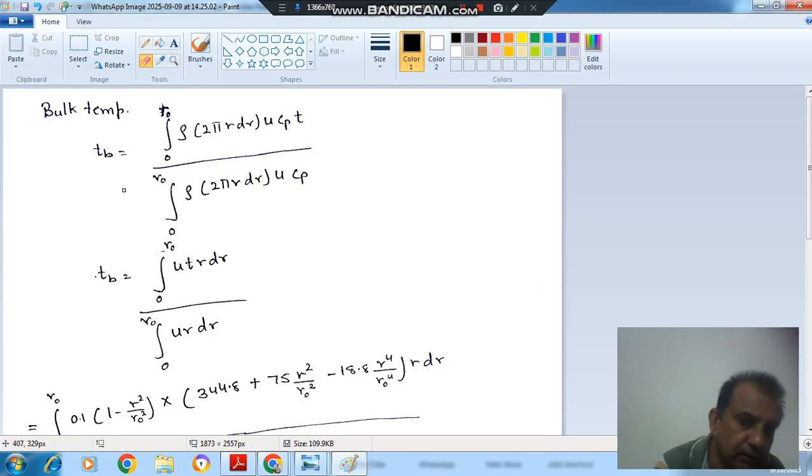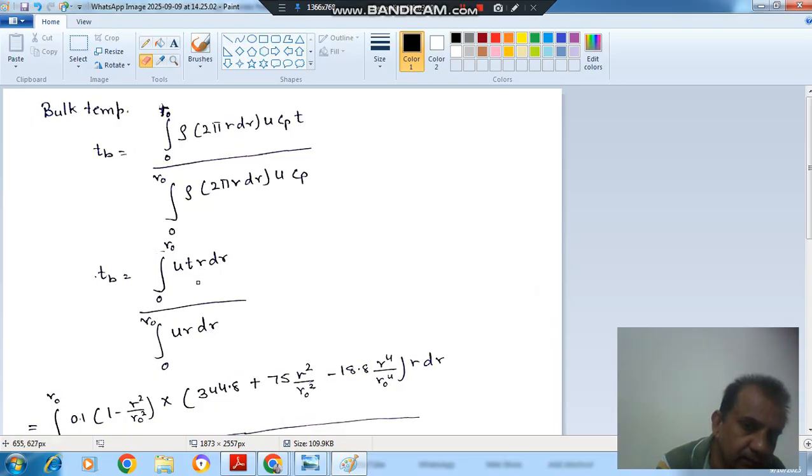Now assuming that rho is constant, rho will cancel out, 2 pi will cancel out, and Cp will also cancel out. So we will have U, r and T, because U is a function of r, T is a function of r, and we are integrating with respect to dr. We will not cancel out this r and this r, because they are under separate integration.